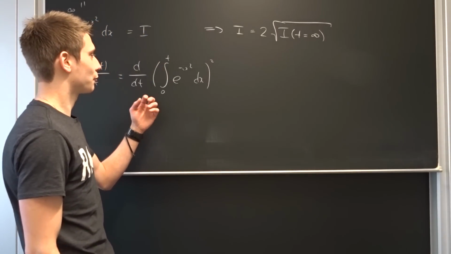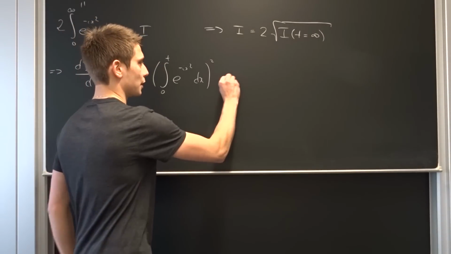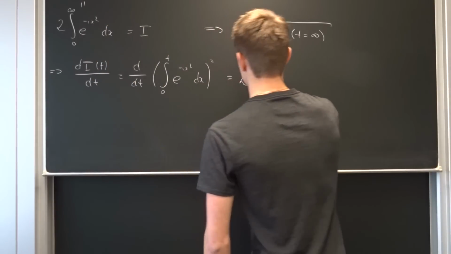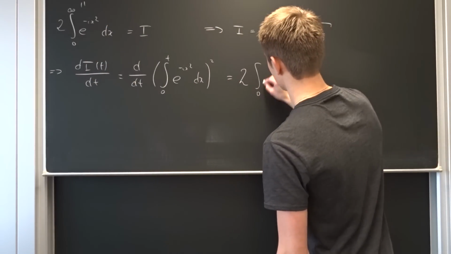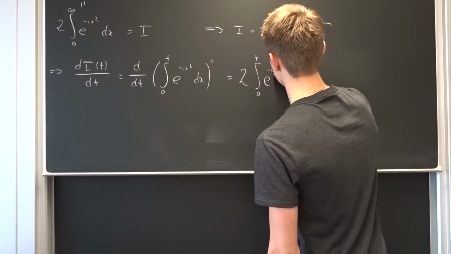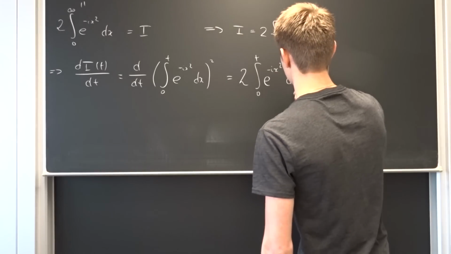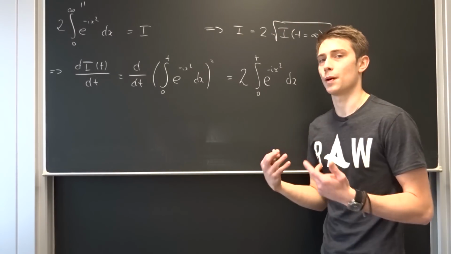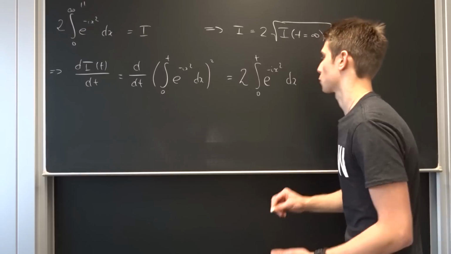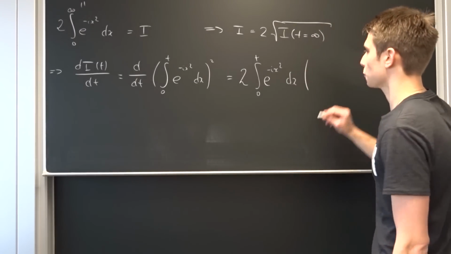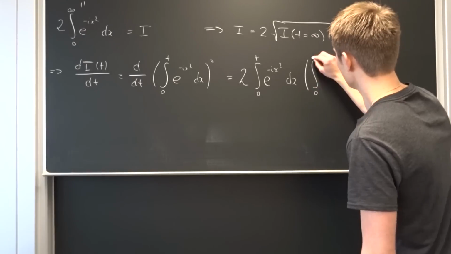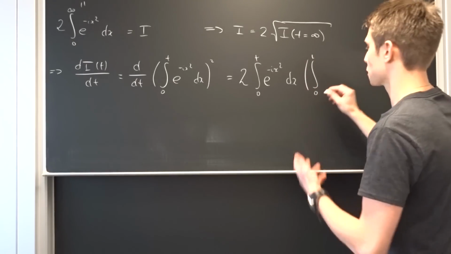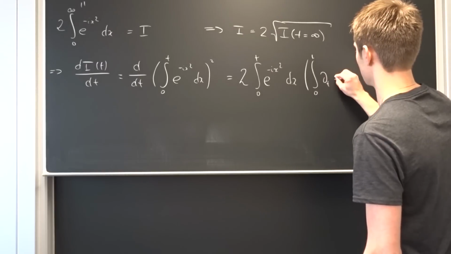Okay, so at first we have to take the outer derivative. So the outer one is quite simple. It's just 2 times the integral from 0 to t of e to the minus i x squared times dx. Okay, and now we have to take the inner derivative. And now you should remember how the Leibniz rule is constructed. So the first part was just the integral times the partial derivative of the integrand.